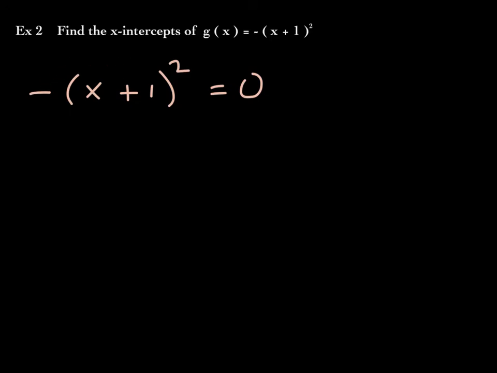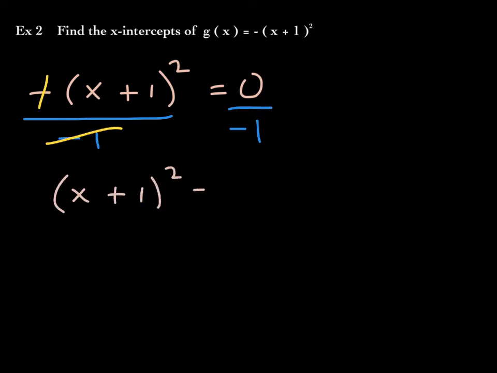That you cannot do. All right, so here I go. I am going to divide both sides by -1. What that does for me is this negative and that negative cancel out, and I'm left with just x plus 1 quantity squared is equal to 0, because 0 divided by -1 is 0.